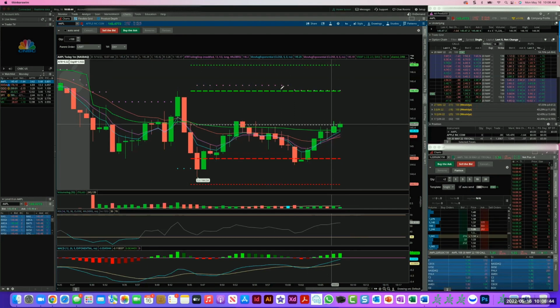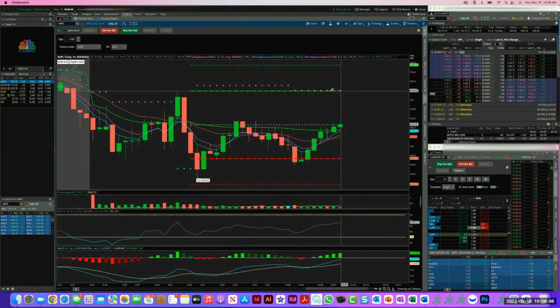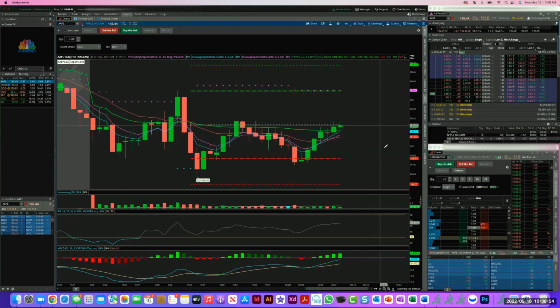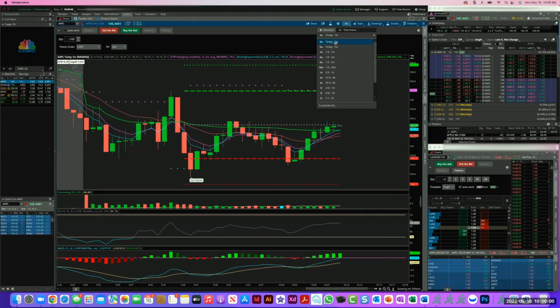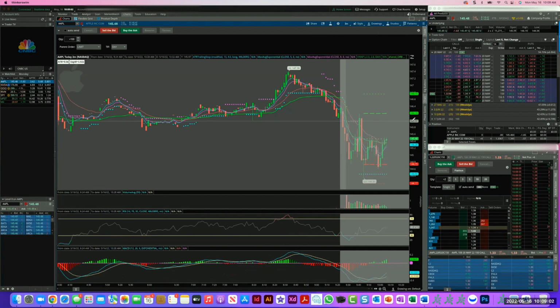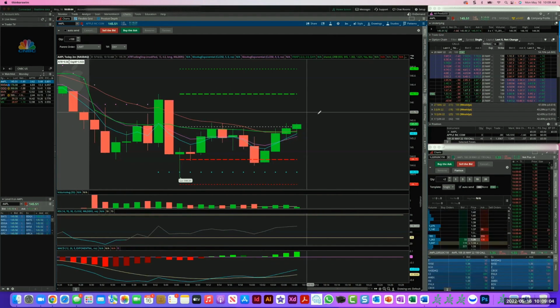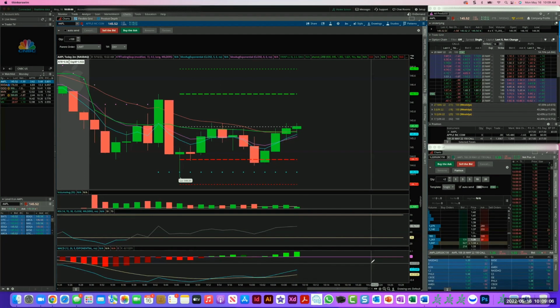Now, it's interesting on the 1-minute chart where the opening range high is, there's also an ATR trailing stop. So we're going to expect to run into a little trouble at about 146.20. So we'll keep that in mind. $146.20, we're going to expect some trouble for Apple.